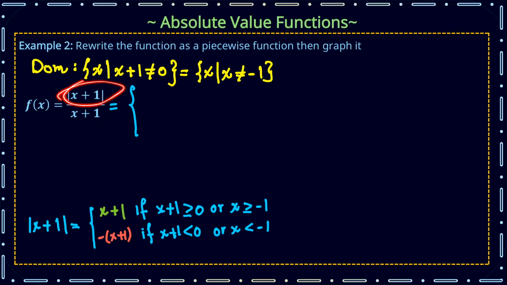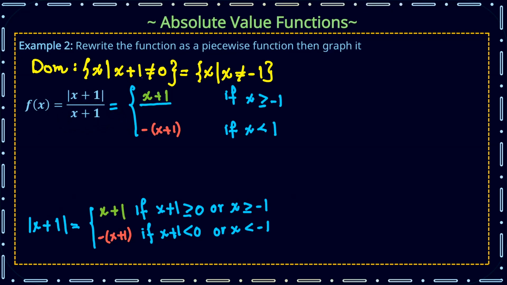So absolute value of x plus 1 was either x plus 1 if x was greater than or equal to negative 1, or negative of x plus 1 if x is less than negative 1, but we are dividing by this x plus 1, so take each piece and divide by x plus 1.